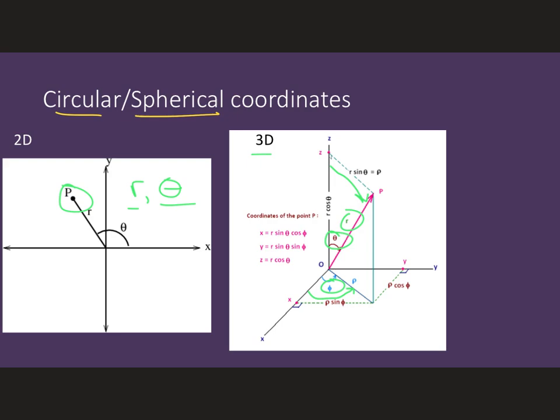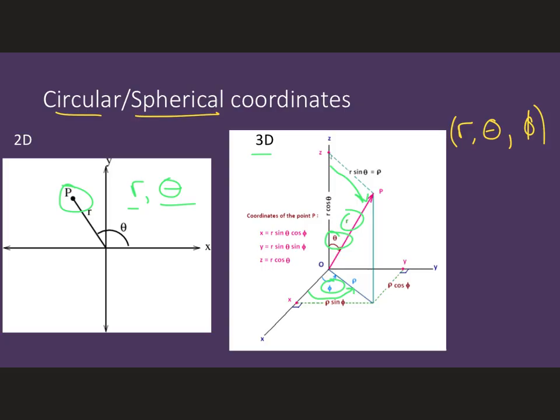So using spherical coordinates, I could say, how far am I from our origin? It's a radius, r. What angle down from the z-axis do I have? Theta. And what angle do I have with respect to the x-axis? Phi. So again, a 3 coordinate system, just now with an r, a theta, and a phi.